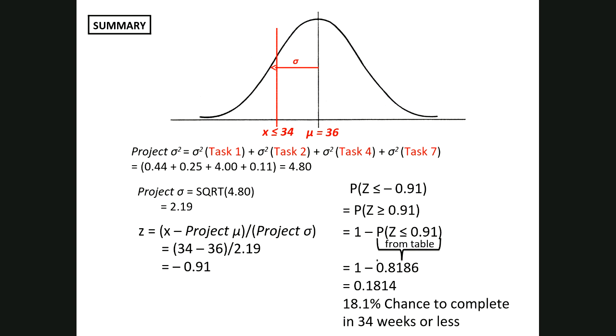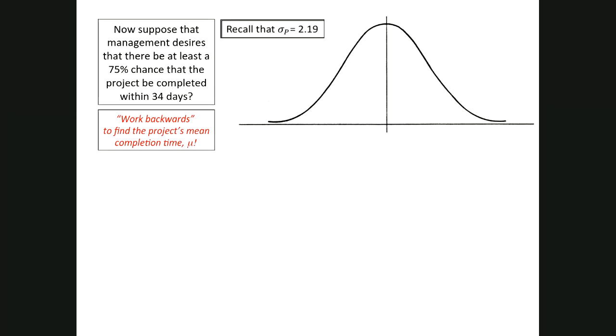Now, before we go on, there's one other thing I want to discuss here quickly. Let's suppose, given our example, that management desires to complete the project within 34 days.